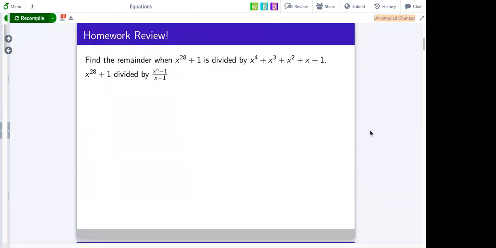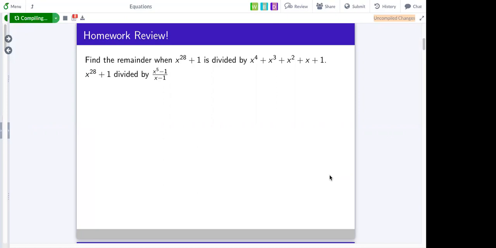So let's first find the remainder when it's divided by x to the 5th minus 1. Then we can get some more information about the remainder when divided by x to the 4th plus x cubed plus x squared plus x plus 1.